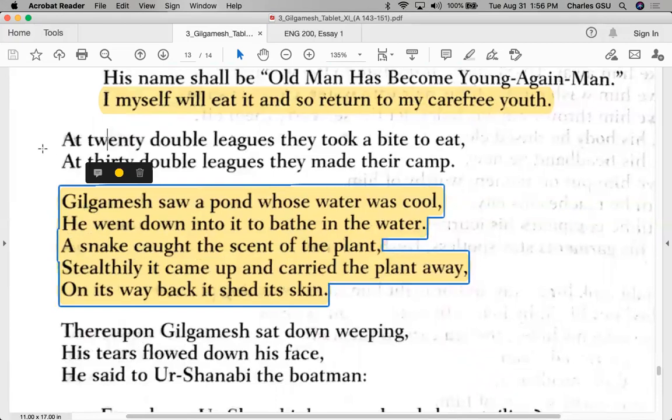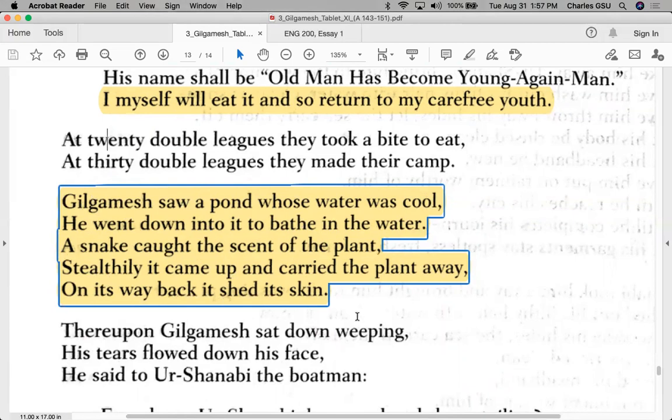So here it says, Gilgamesh saw a pond whose water was cool. He went down into it to bathe in the water. So he's in the water, a different pool of water. A snake, here's the serpent, a snake caught the scent of the plant. Stealthily, it came up and carried the plant away. On its back, shed its skin.